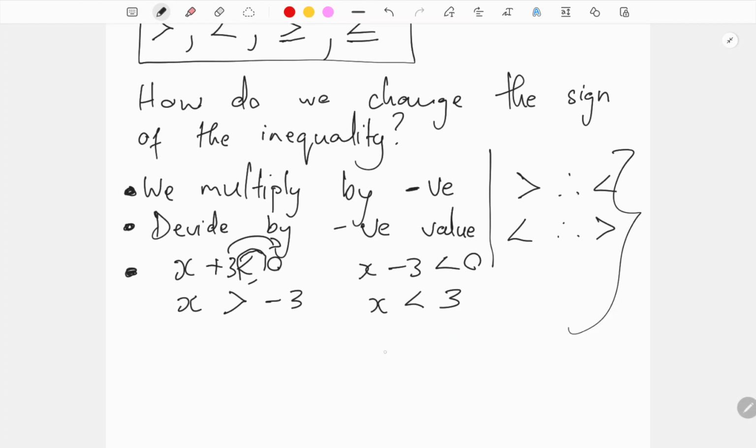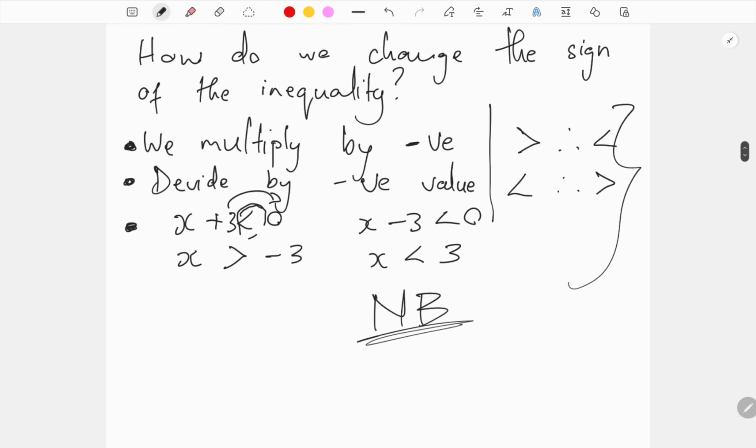These 3 things are very, very important. You need to have them in your head. When you multiply or divide the inequality by a negative value or a negative sign, it changes the inequality sign. And when you transpose a number while solving for x in that inequality expression, and that number becomes negative, then you change the inequality sign.